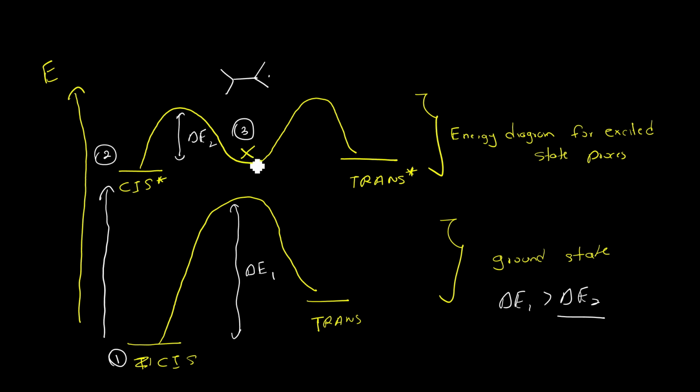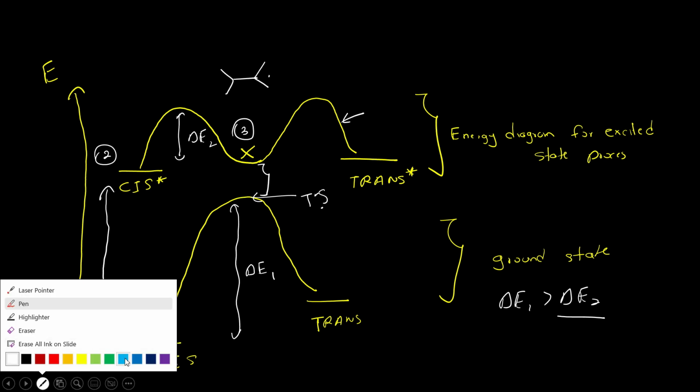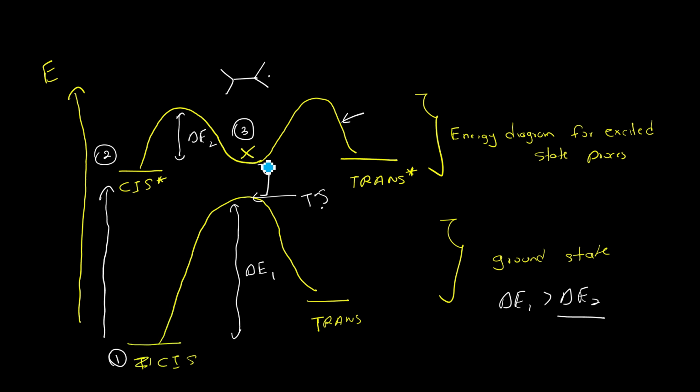After this X, you can see this is the excited state reaction mechanism. This is the normal ground state reaction mechanism. You can see the energy gap between this X and the transition state of our normal process is very small. In most cases, there is a high probability for our molecule to drop from this place to this place, because it's a very tiny energy gap.